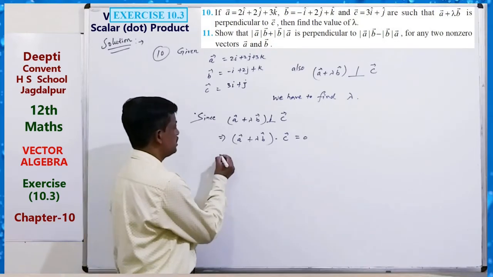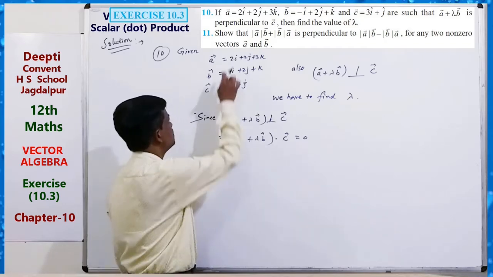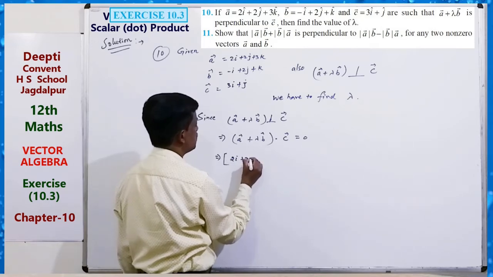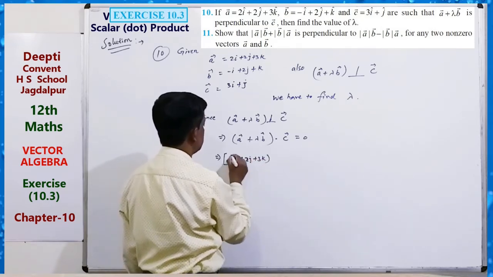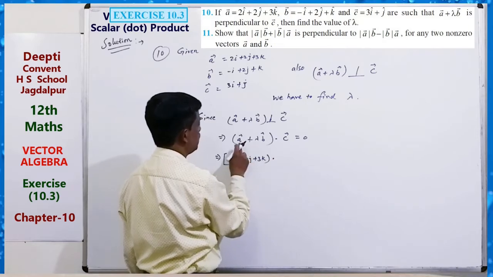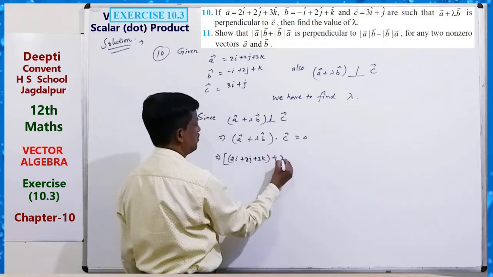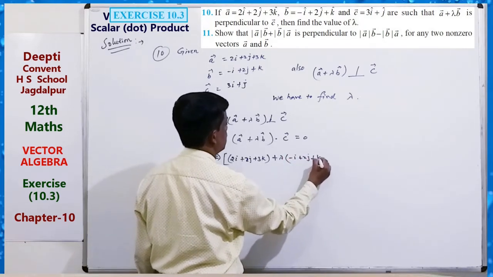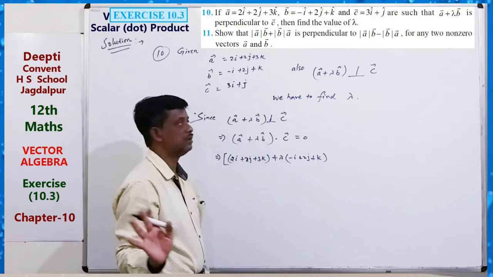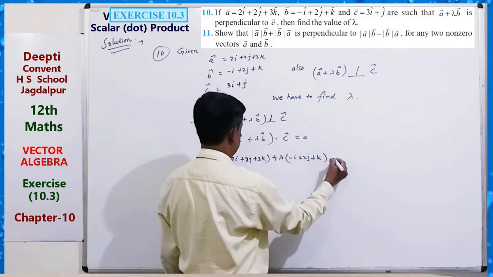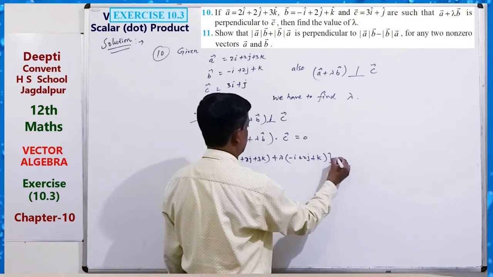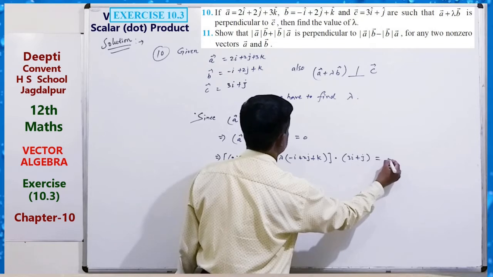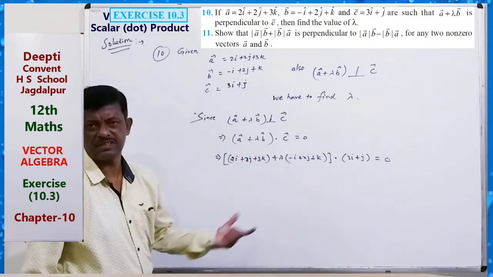So here A means 2i plus 3j, 2j plus 3k, dot A plus lambda into B, which is minus i plus 2j plus k, A plus lambda into B. Clear? This dot C, 3i plus j, is equal to 0. Just solve it. Very simple.